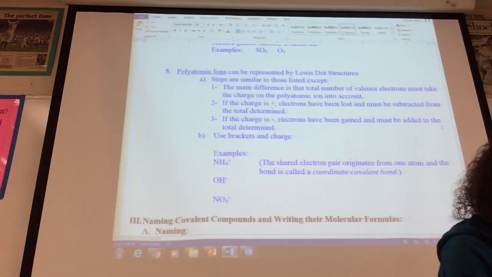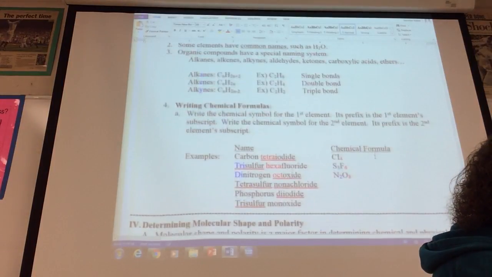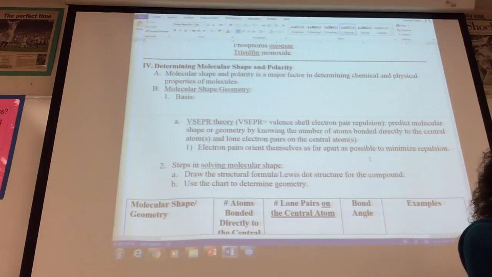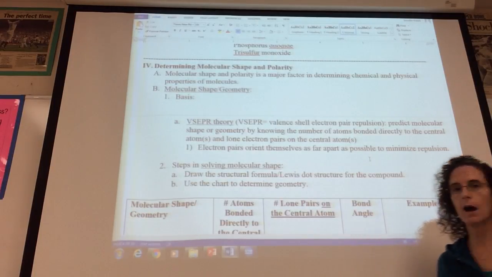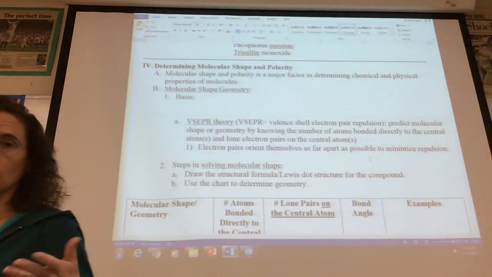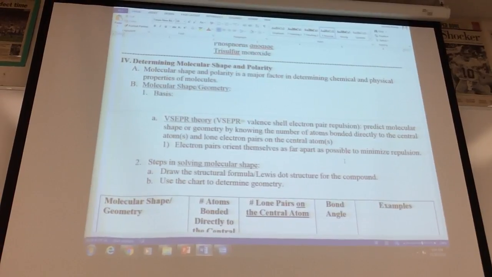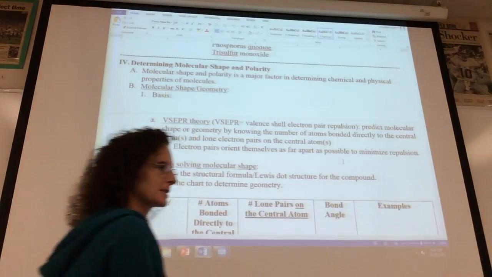Yeah. Good. All right, so shape and polarity. We have a short lesson today, and then the whole second half of class, and probably more, will focus on the lab, which is very fun. You'll enjoy it. The kids like playing with the molecular model kits. It's fun. It's like Tinker Toys.